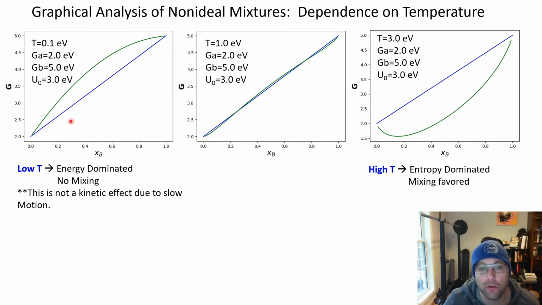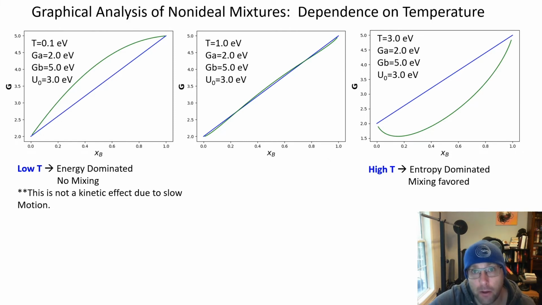And it's actually really important that this is not a kinetic effect. We're not saying at low temperatures you don't have enough kinetic energy to get intermixed. That's not how we do thermodynamics. That's a kinetics analysis when you talk about, oh, everything's just too slow to mix.